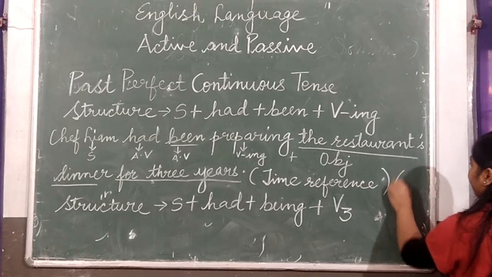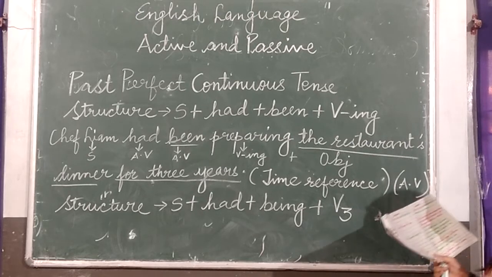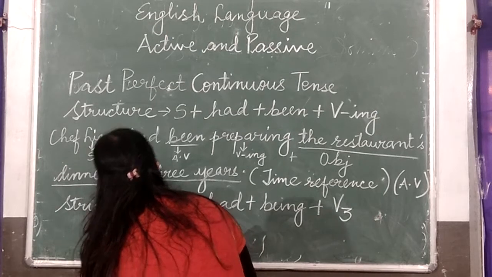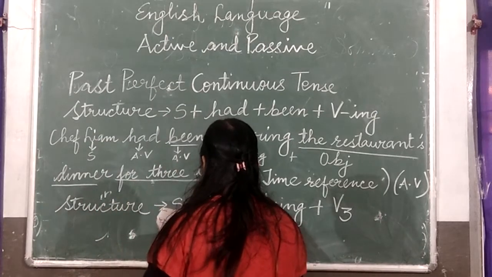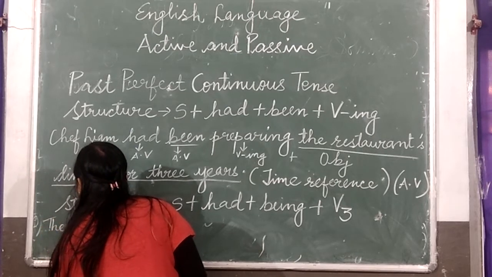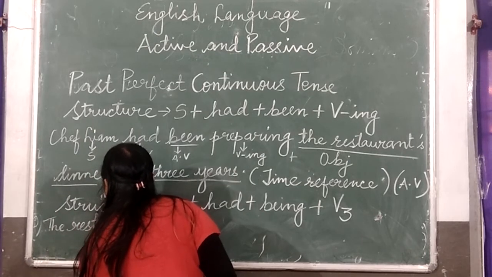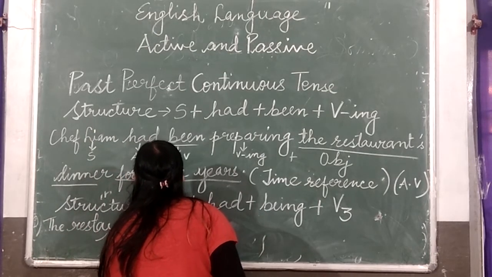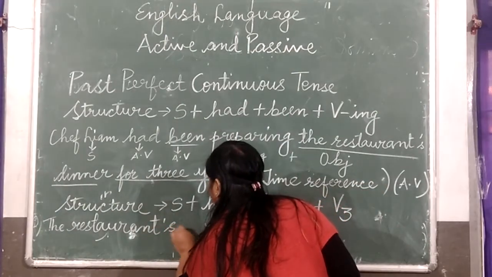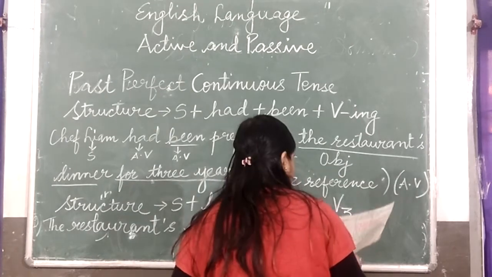Now this one is in the active voice, isn't it? Now if we have to change it into passive, you'll have to write the restaurant's dinner.